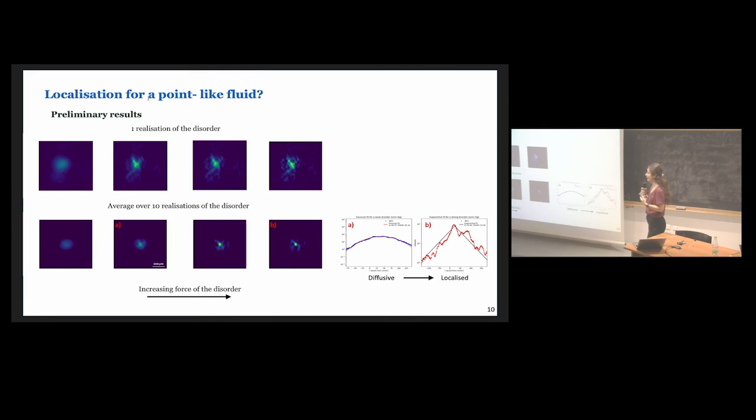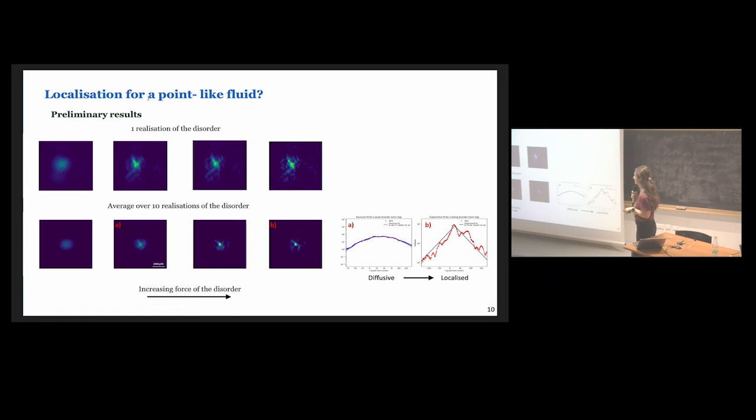Now, one well-established way to qualitatively see the effects of the disorder on the fluid is to look for the emergence of wave localization. These are preliminary results that I took last week, actually. The first row is for one realization of the disorder.